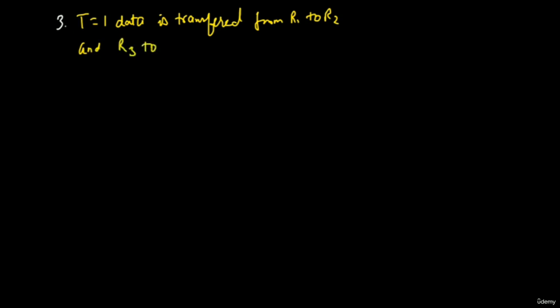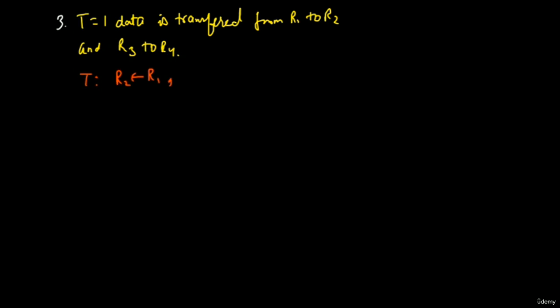to R4. So now it's making a little bit of a difference, because if t equals 1, t is the time. So at a particular time, I want R2 to receive the information that is stored in R1, and at the same time or maybe at a different time, that depends on our system, whether you are using a Mac, Windows, Linux, Android.